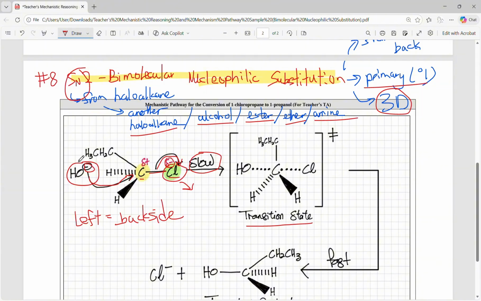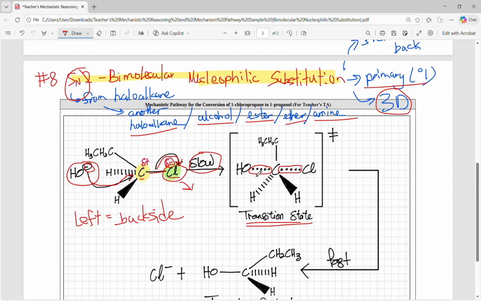Thus, as the hydroxide ion approaches the carbon atom, it starts to form a new bond with the carbon atom, while simultaneously the bond between the carbon atom and the chlorine atom is broken. At this stage, the carbon atom undergoes a transition state where the bonds to the hydroxide ion and the chlorine atom are partial bonds.